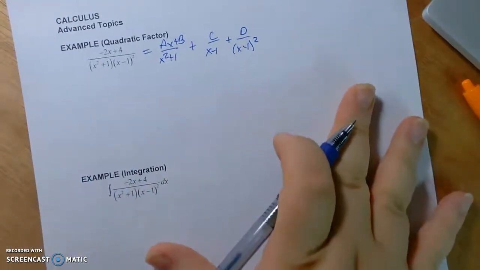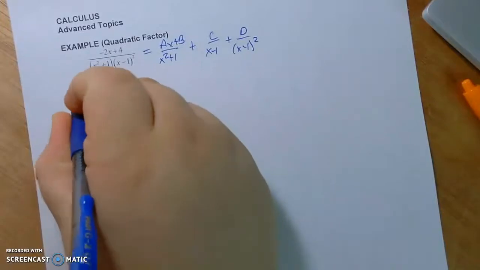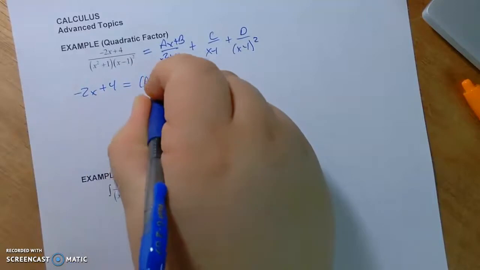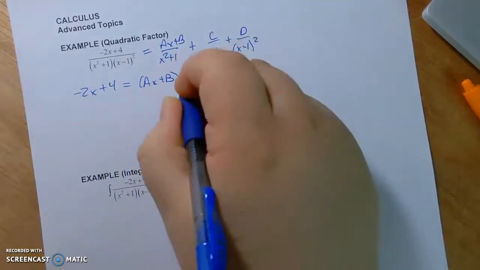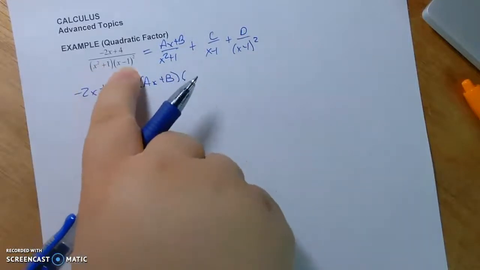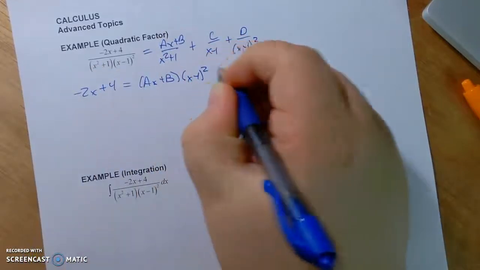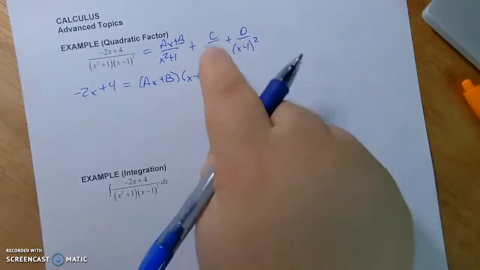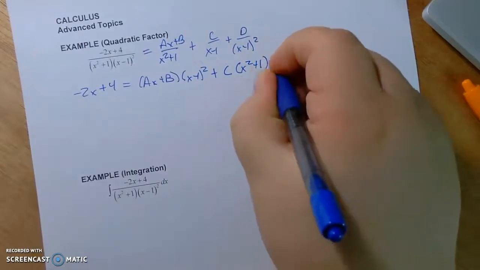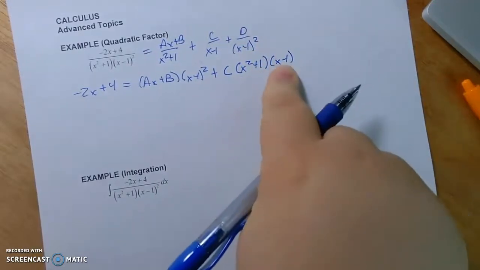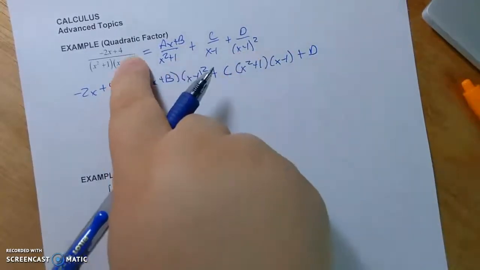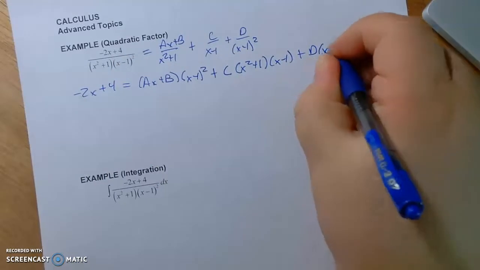So now when we multiply this out, we get negative 2x plus 4 equals ax plus b times, okay, so this is going to cancel out. We're left with x minus 1 squared plus c times one of these gets canceled out, so we get x squared plus 1 times x minus 1, only one of them there, plus d times, now that x minus 1 squared cancels out, and we're left with x squared plus 1.